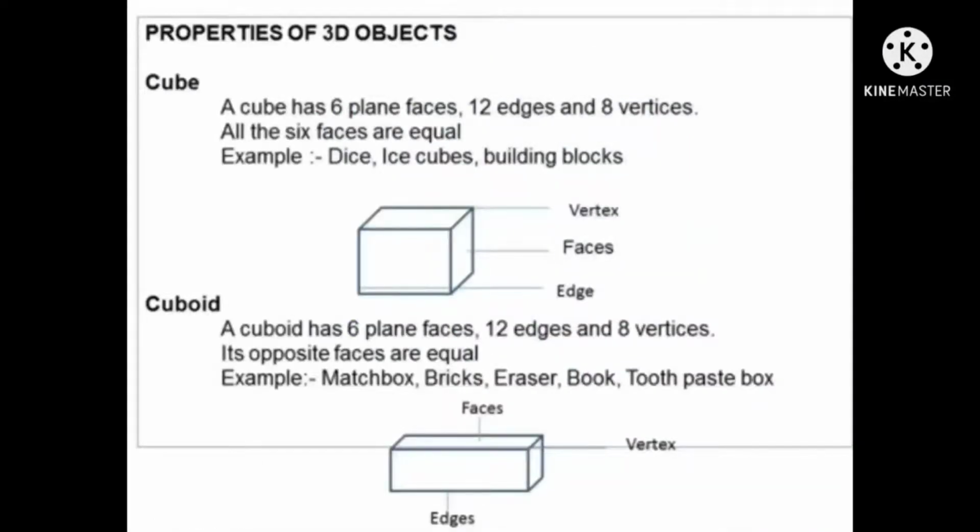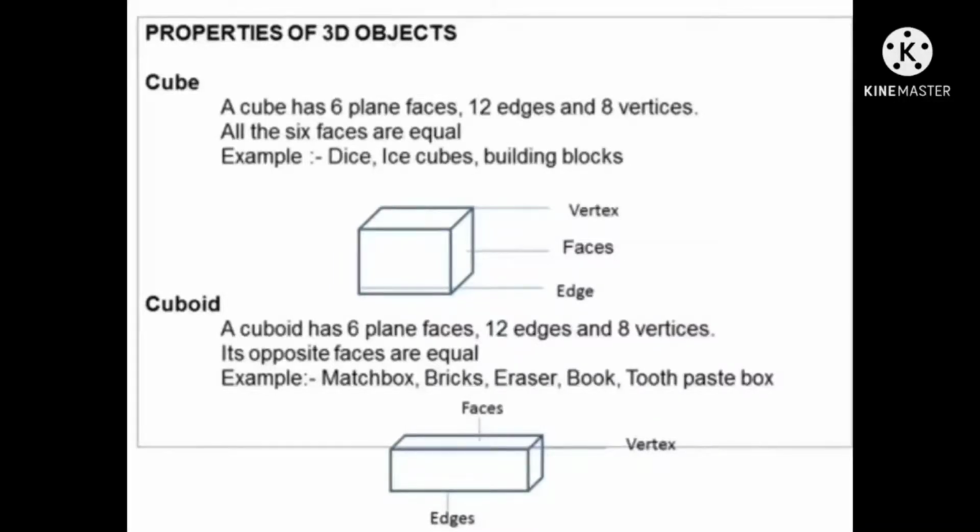Next, cuboid. See here, a cuboid has 6 plane faces. What is the basic shape of a cuboid? Yes, that is a rectangle. Here see how many rectangles: 1, 2, 3, 4. 4 rectangles and 2 squares are there. And here also 12 edges, again I say that is sides, and 8 vertices.